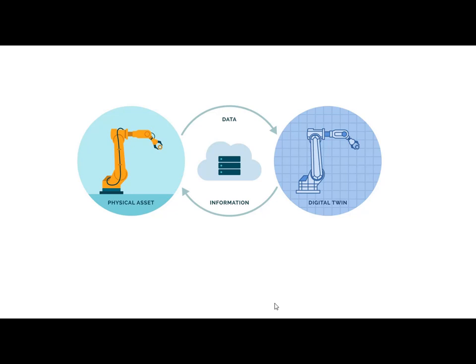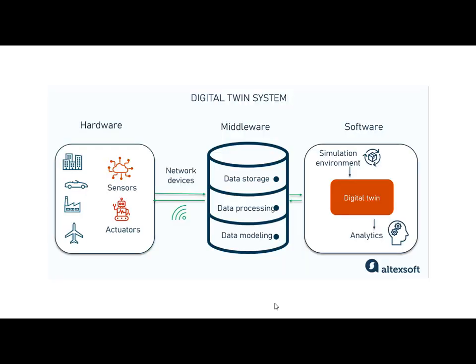Here you can find a physical asset sharing information with the digital twin for component or part asset. And here is a twin system where we have hardware, we have middleware, and we have software.